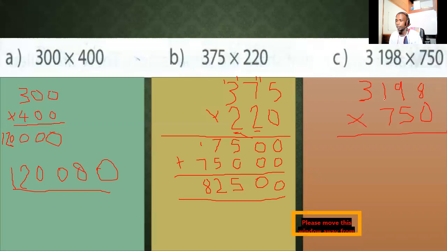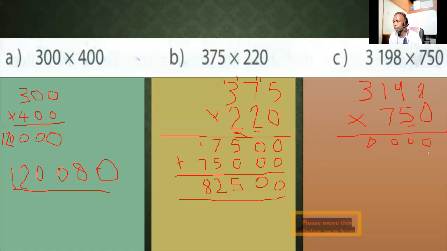It will give us 0. What I mean is that 0 times 8 is 0. 0 times 9 is 0. 0 times 1 is 0. 0 times 3 is 0. Can you see that?